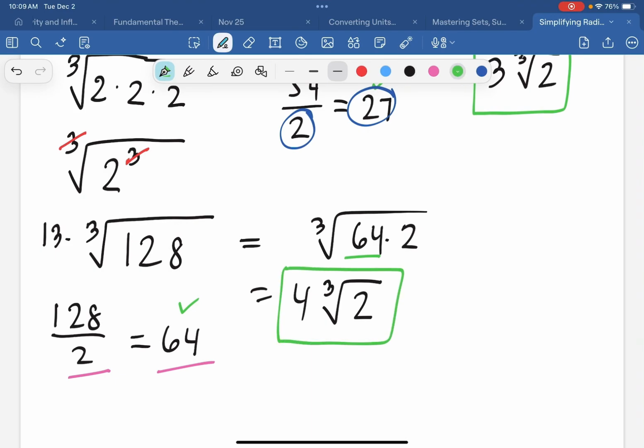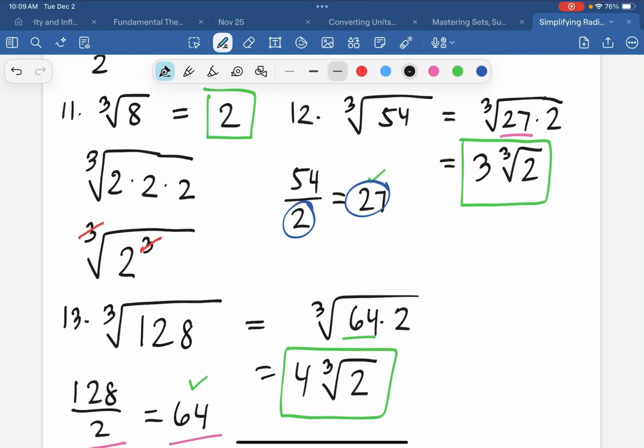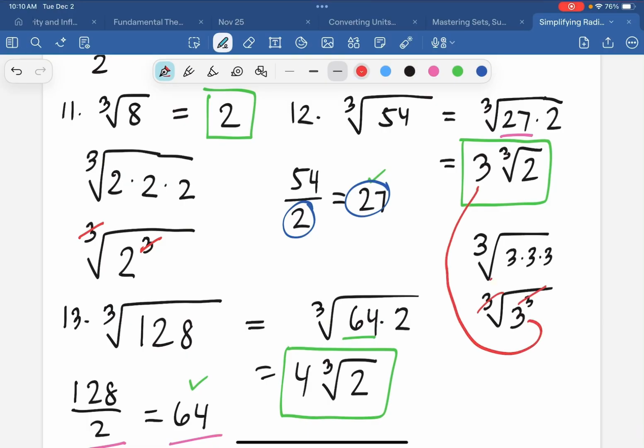Now, if you want to be sure on how this happened, similar to this area, so you could just write 3 times 3 times 3, or cube root of 3 raised to 3. So cancel, that's why you get to have that one.